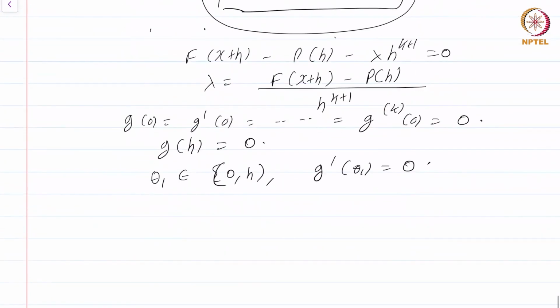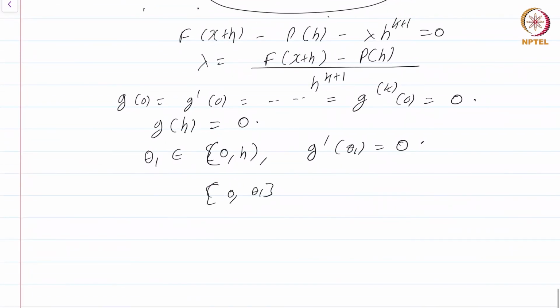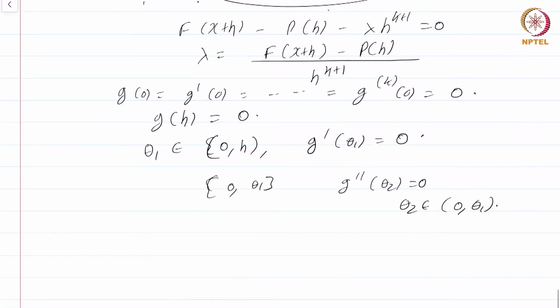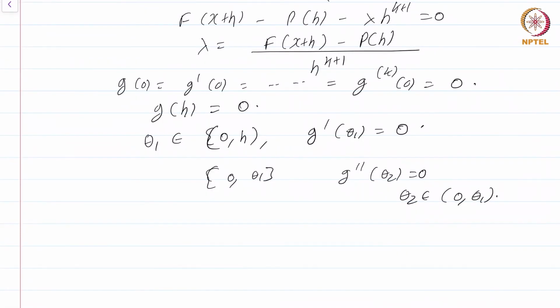Similarly, applying Rolle's theorem again to 0 theta 1, we conclude that g double prime of theta 2 is 0, where theta 2 comes from 0 theta 1. When you apply this repeatedly, we get a point theta k somewhere in 0h such that g to the k of theta k is 0, right?